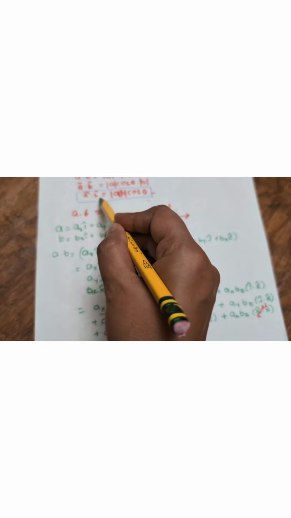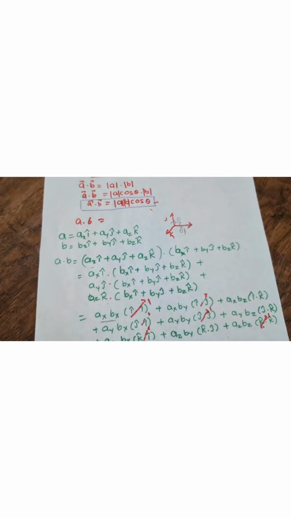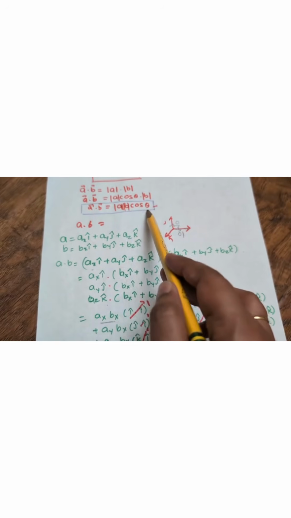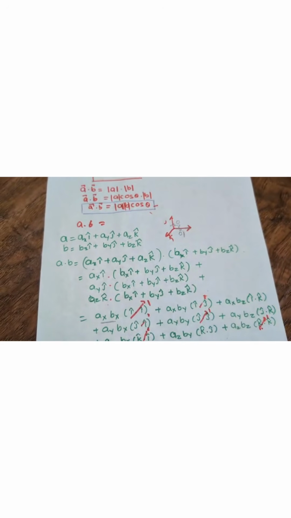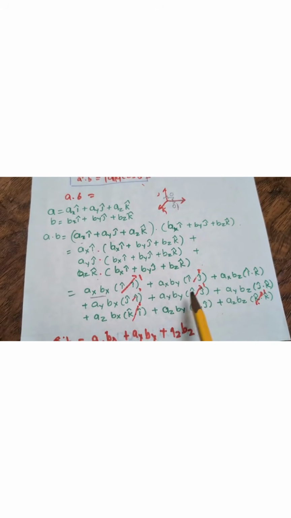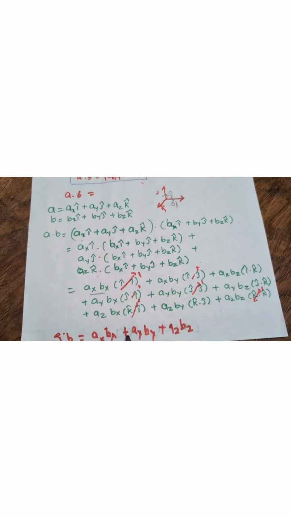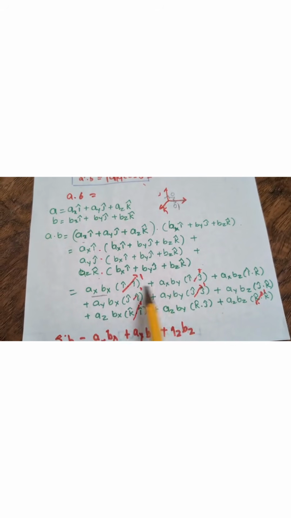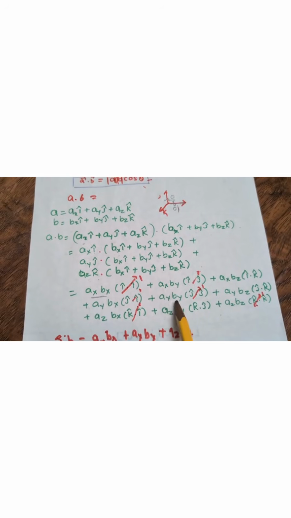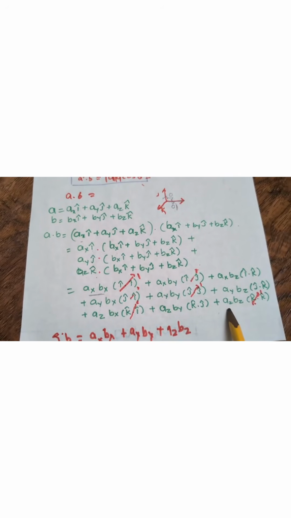So i dot i, j dot j, or k dot k will be 1 times 1 times cosine of 0, which gives you the value 1. So every time the terms with the same unit vector give you the value 1, you will get only the terms ax bx plus ay by plus az bz.